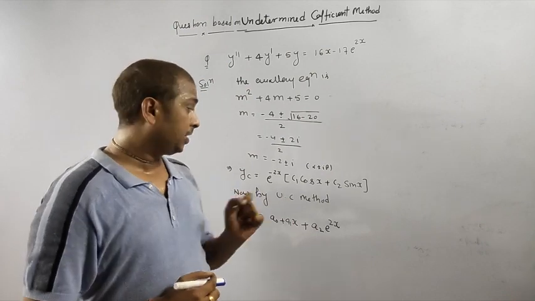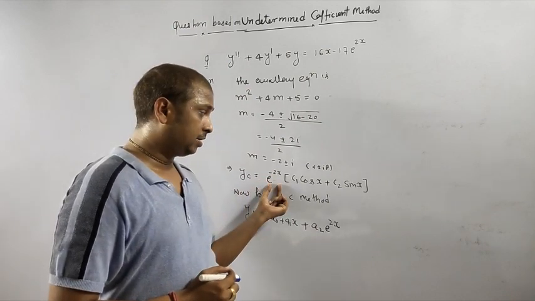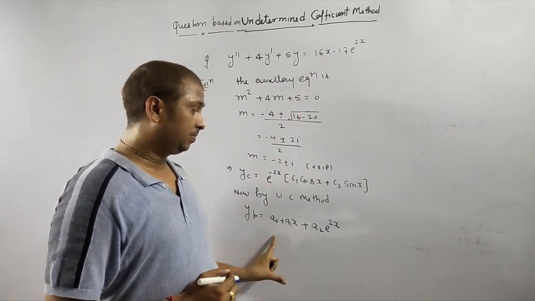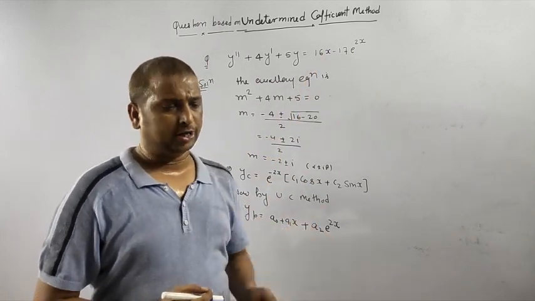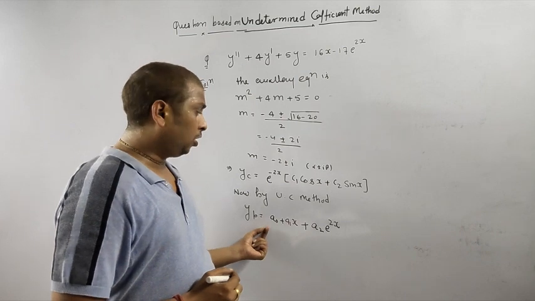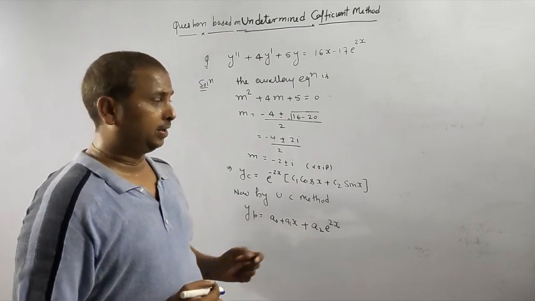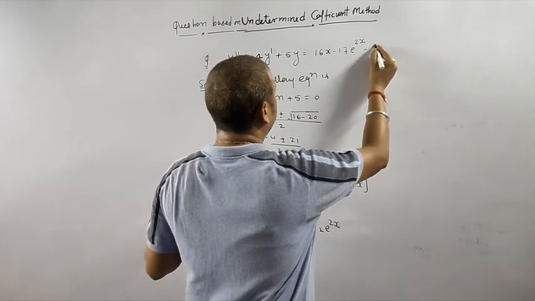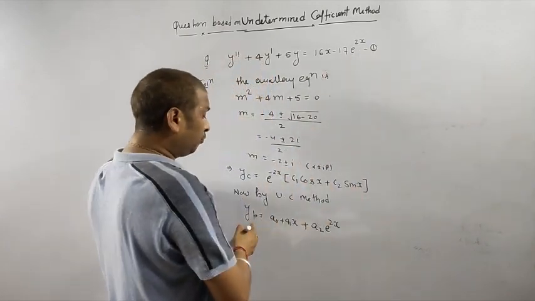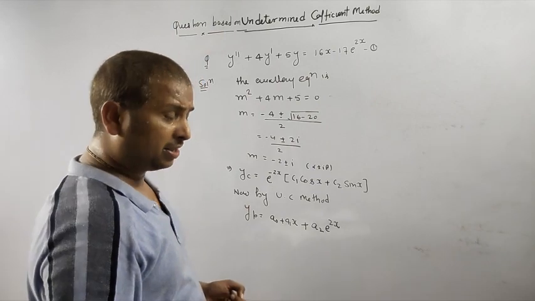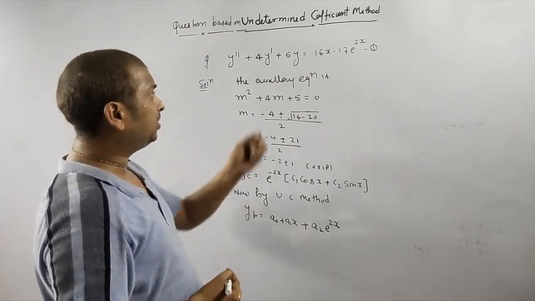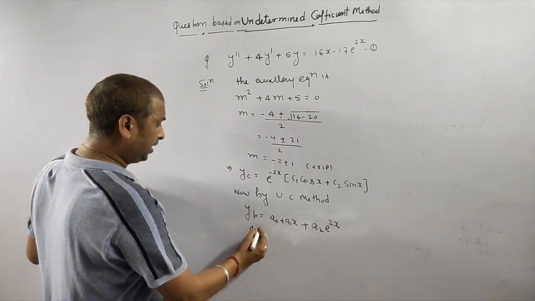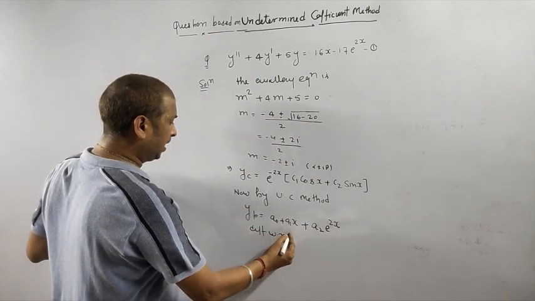Now my friends, what is your next part? Your first step is to write yc. Based on yc and Rx, write yp. Just go to the table and write it. Now how do we calculate a0, a1 and a2? For that purpose, yp means y is given, differentiate 2 times and put in equation number 1. So differentiate with respect to x.